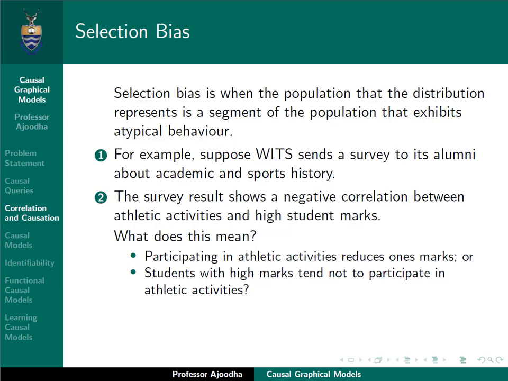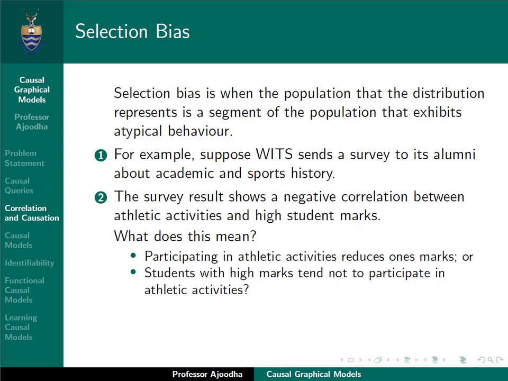Selection bias occurs when the data we observe does not represent the true population. So let's look at an example. Suppose WIT sends a survey to alumni about academic and sporting activity. The results show a negative correlation between sports and high marks. One interpretation might be that sports reduces academic performance.